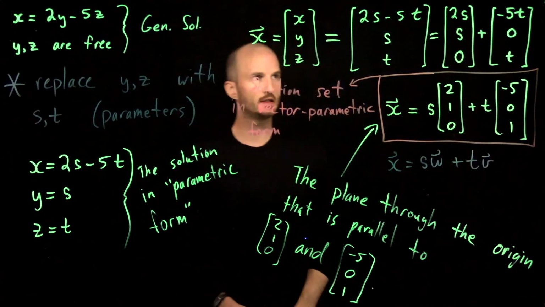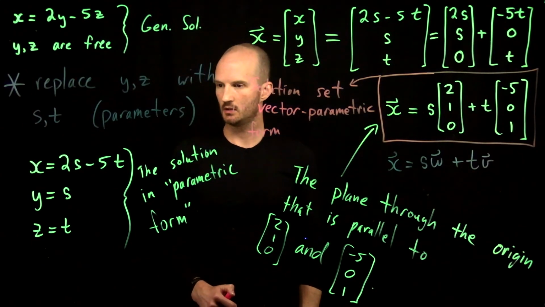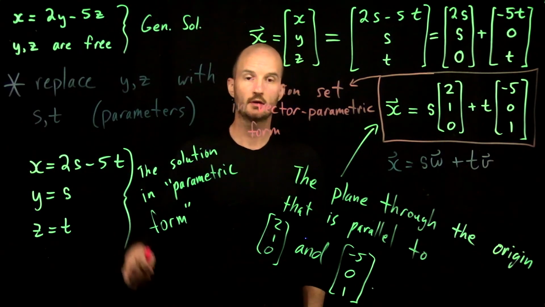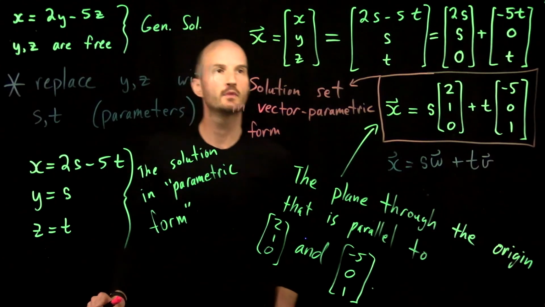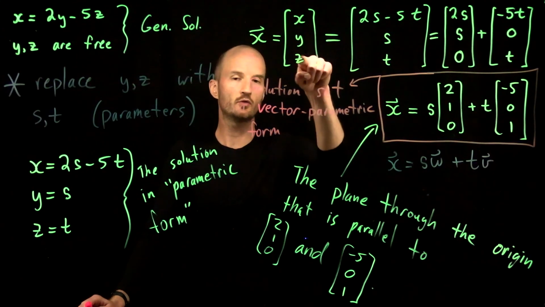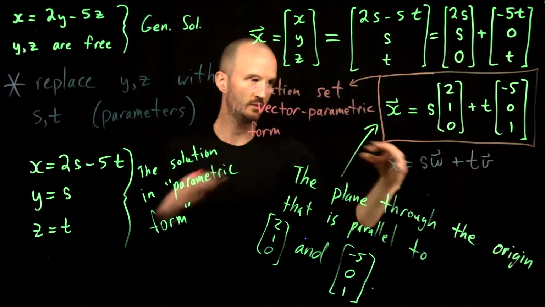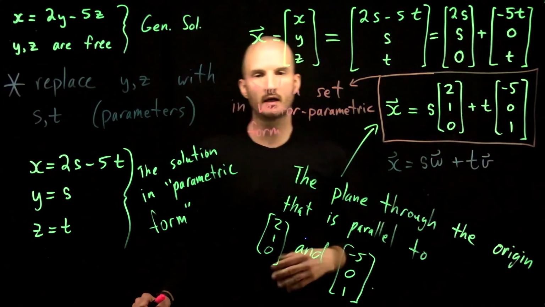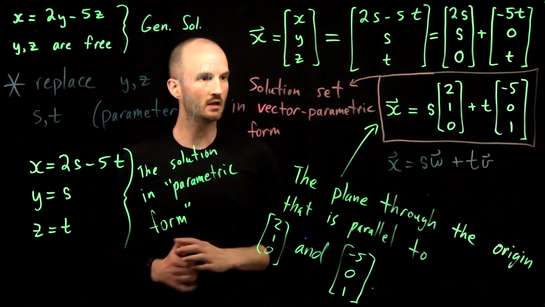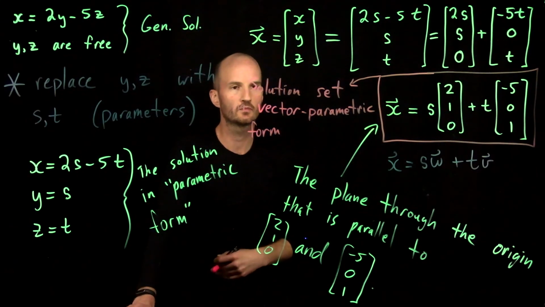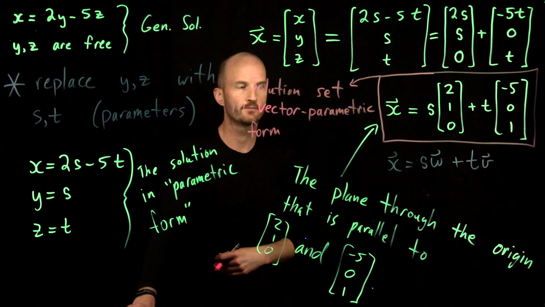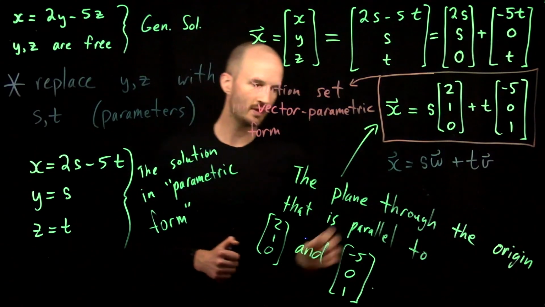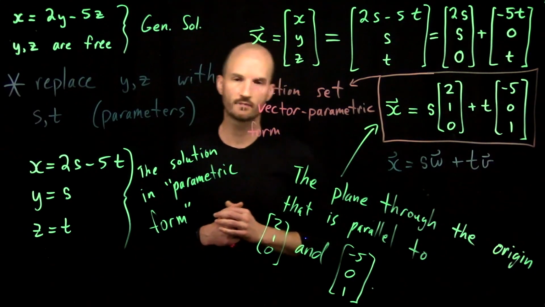Finally, we did a transformation from here of the solution set, and we threw everything into a matrix. We pulled it apart and we obtained something times a vector plus something times a vector, and this is what's called the vector parametric form of the solution set. And from the vector parametric form of the solution set, you are able to write down a geometric description of your solution set.